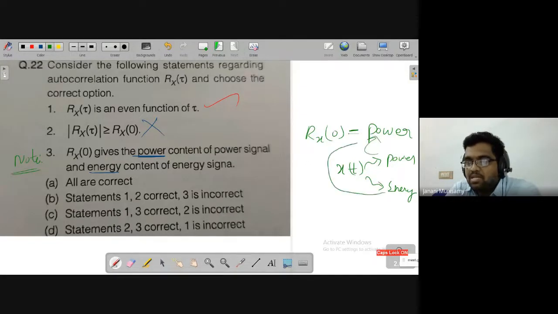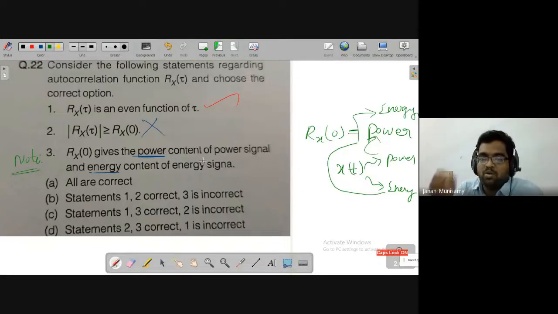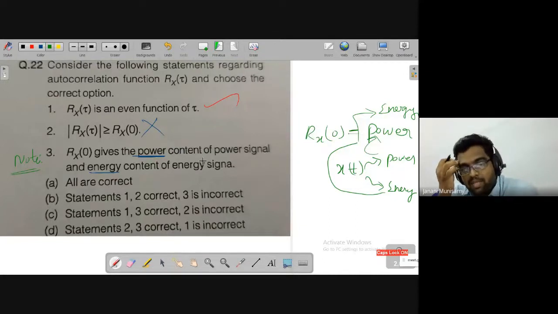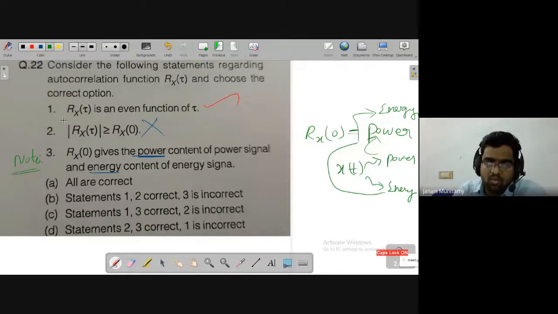If it is an energy signal, you directly get the energy. So far we were discussing only power, but if the given signal x of t is an energy signal, then Rx of 0 gives directly the energy present in the signal. So options 1 and 3 are correct, option 2 is incorrect. So here statement C is correct.